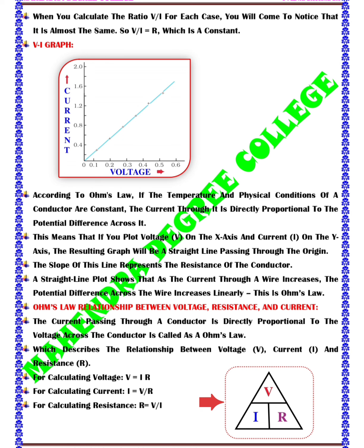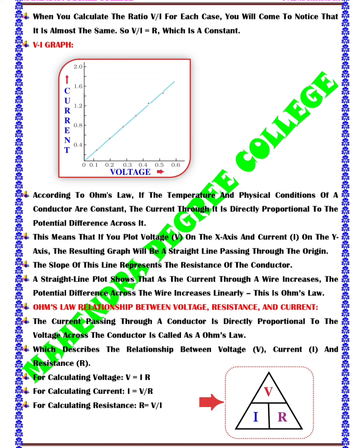It describes the relationship between voltage V, current I, and resistance R. The triangle visually aids in recalling the formulas. Voltage V, the electric potential difference, is measured in volts. Current I, the flow of electric charge, is measured in amperes. Resistance R, opposition to current flow, is measured in ohms.